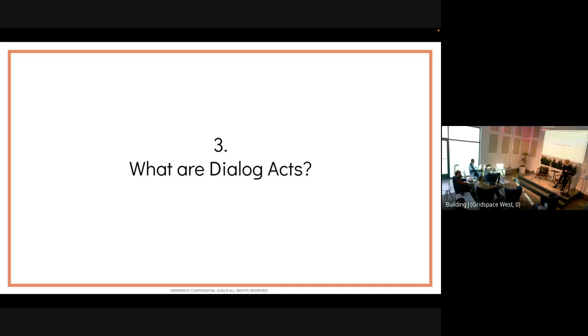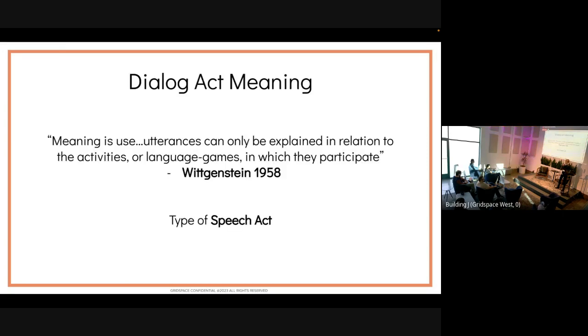Anything else? Cool. So moving quickly on to the other aspect of this lecture, dialogue acts. Emotion is one thing we can get from what you're saying. Dialogue acts is another trait we can take away from an utterance. The idea of a dialogue act was first proposed by Wittgenstein in 1958. There were a few theories at the time as to what constitutes the meaning of a sentence.